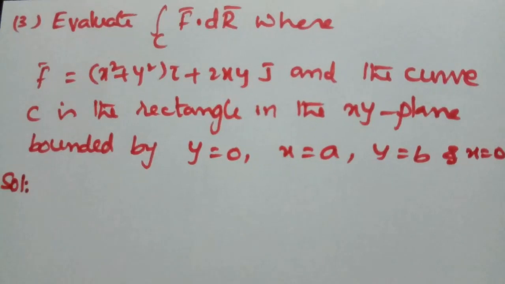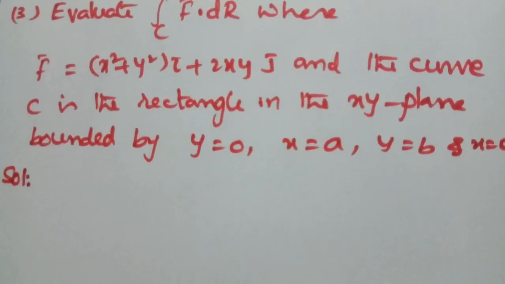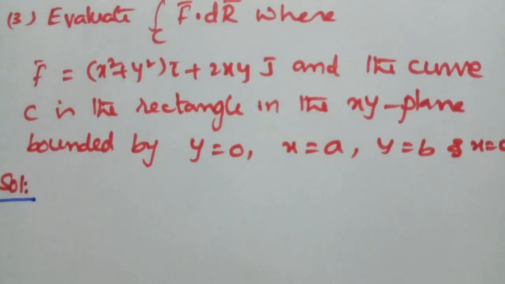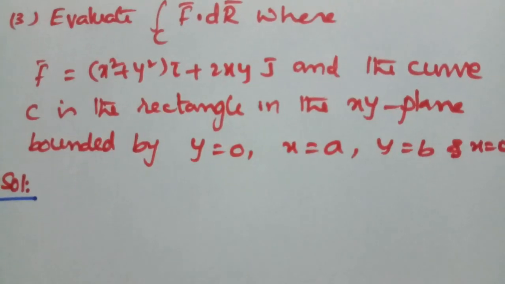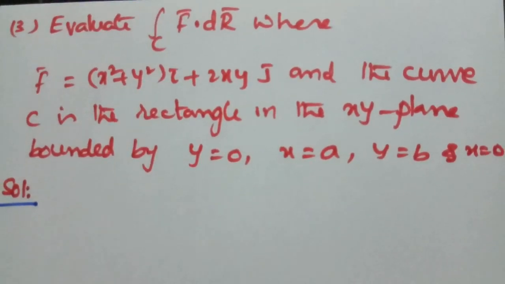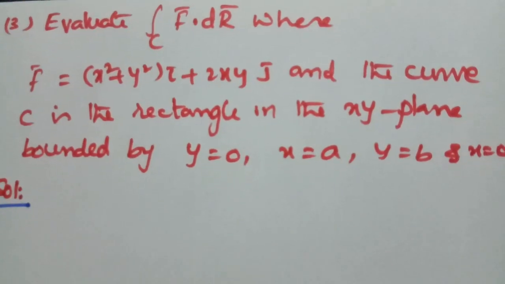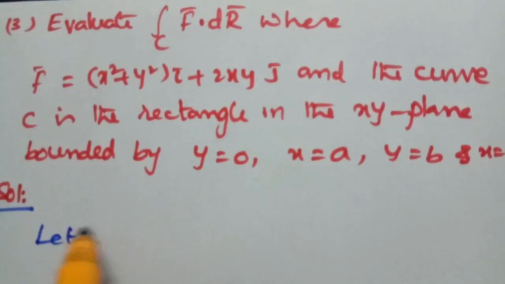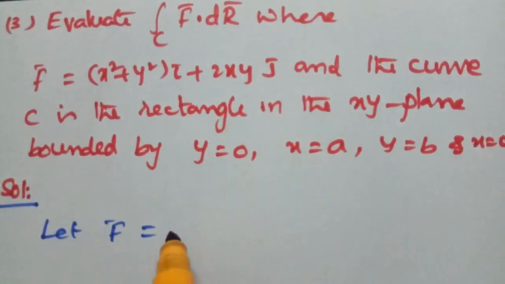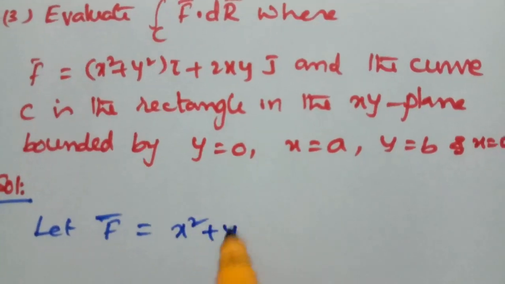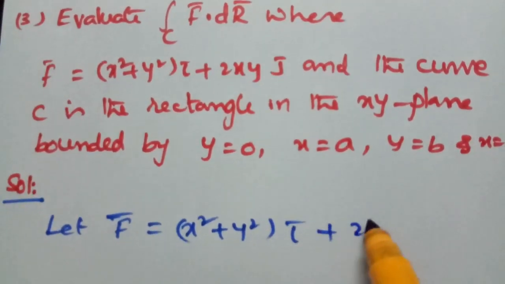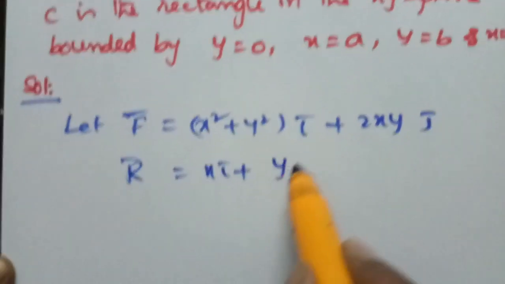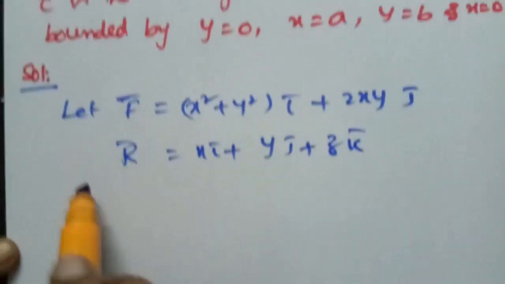Here, the rectangle is bounded by the lines y equal to 0, that means the x-axis; x equal to a, the line parallel to the y-axis; y equal to b, the line parallel to the x-axis; and x equal to 0, that is the y-axis. Now let f bar be (x² + y²) i bar + 2xy j bar, and r bar is equal to x i bar + y j bar + z k bar.